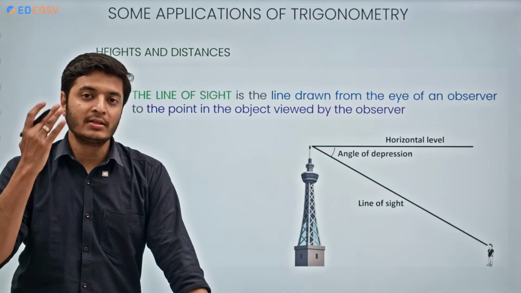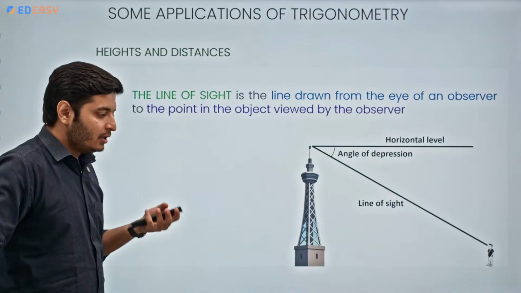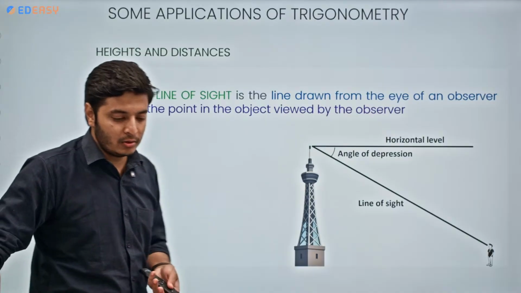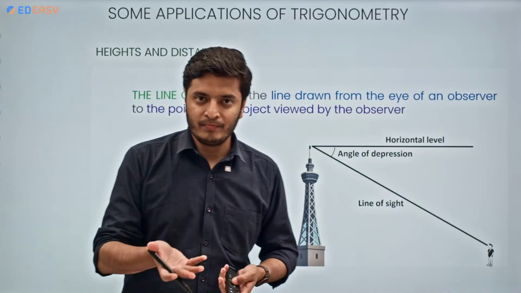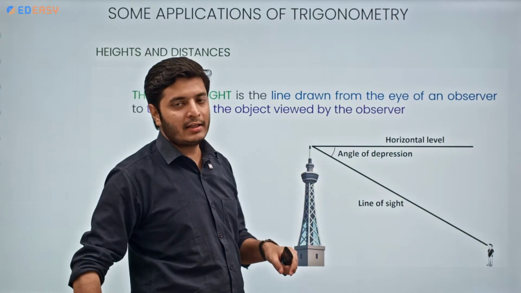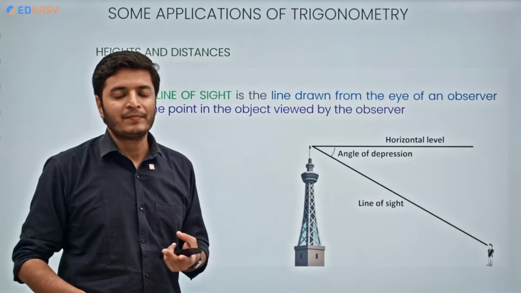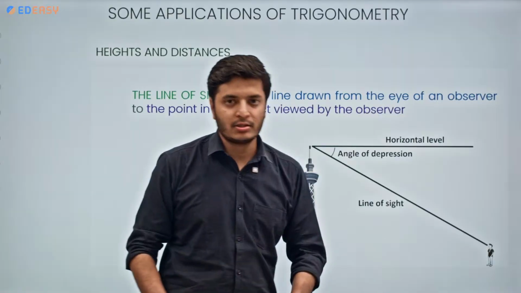Now he is looking in this way, correct? He is not lifting his head up, he is actually looking at the object in this manner, where he needs to face down to look at the object. So the angle that he is creating with the horizontal level, the line of sight, the angle that they are creating is known as the angle of depression now.